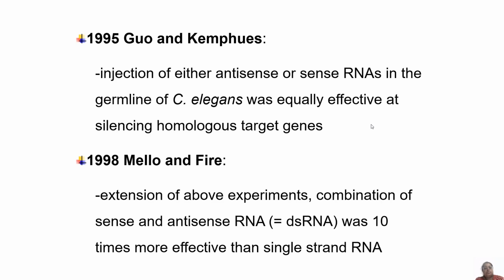Now, in 1995, injection of either antisense or sense RNAs in the germline of C. elegans was equally effective. In an extension of the above experiments, a combination of sense and antisense RNA was 10 times more effective than single-strand RNA.